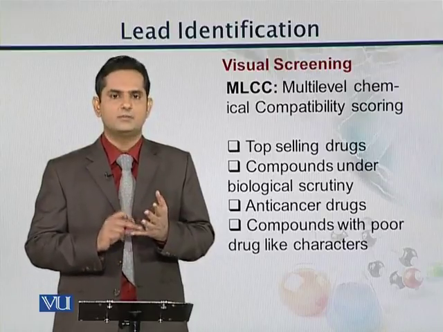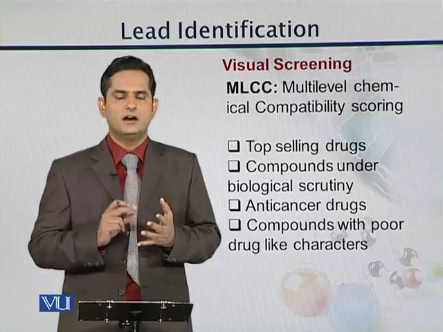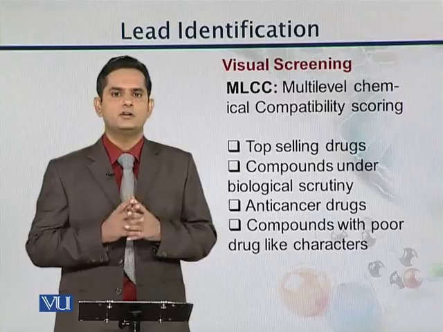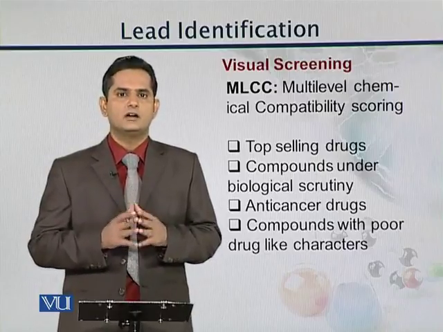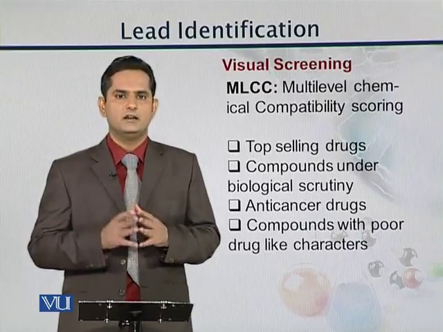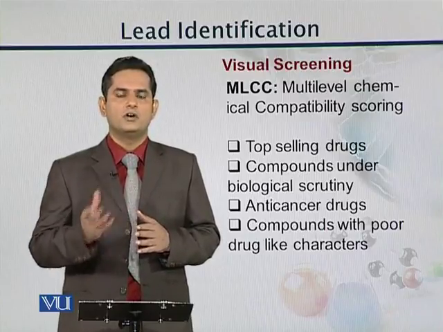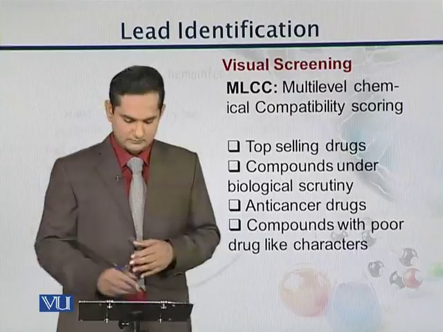Number 3, it is compared against anti-cancer drugs, and the 4th one, it is compared against drugs which have very poor drug-like characteristics. So if our compound, our lead, passes these 4 tests, then it is further used, or else it is filtered out.